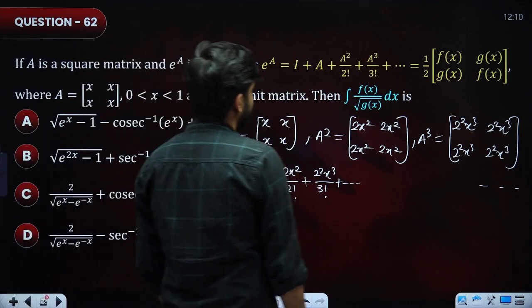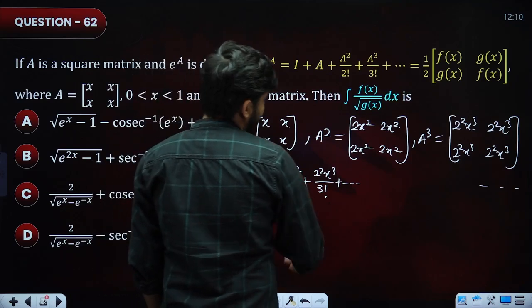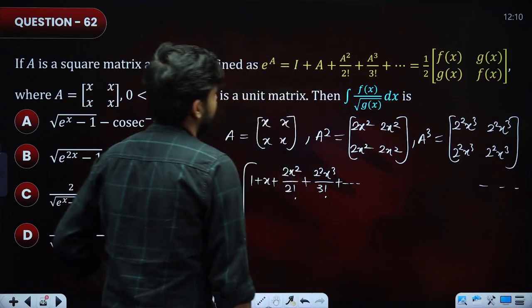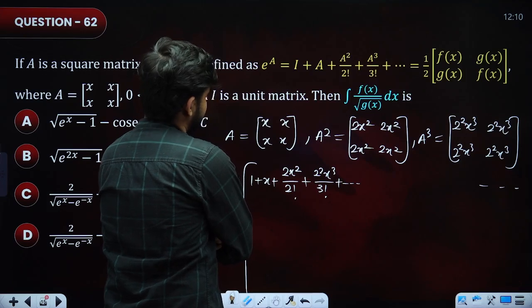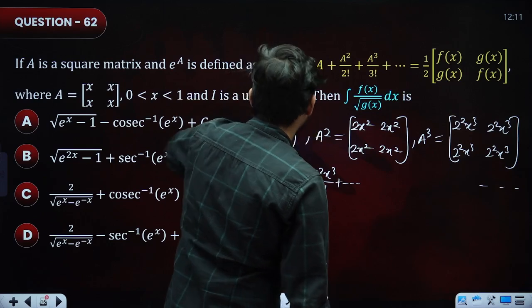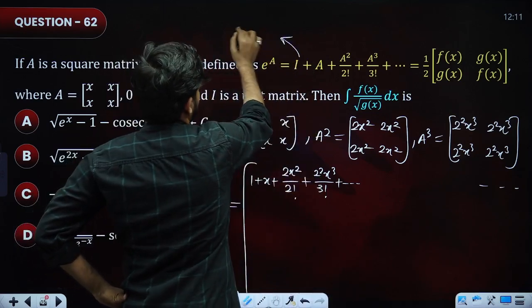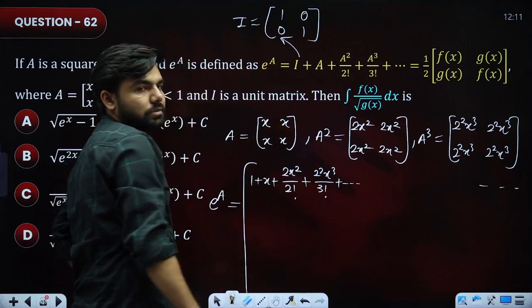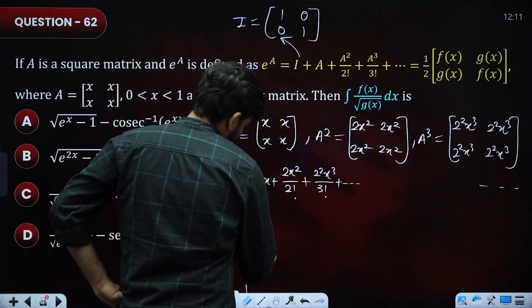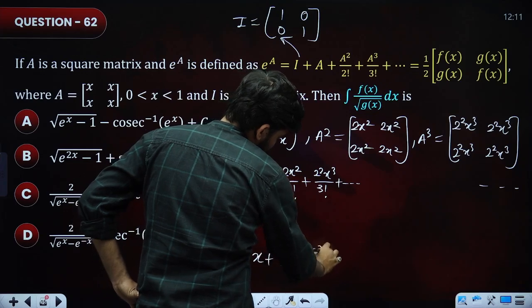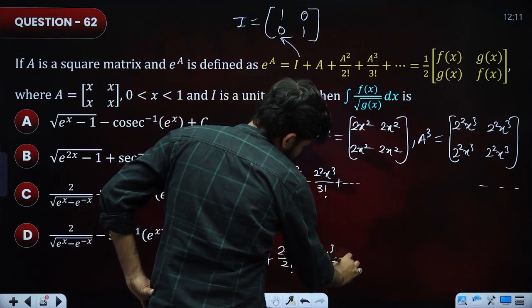Similarly, in the next case, this is e raised to A, correct? For the identity matrix I, which looks like 1001, we get x plus 2x square upon 2 factorial plus 2 square x cube upon 3 factorial and so on.